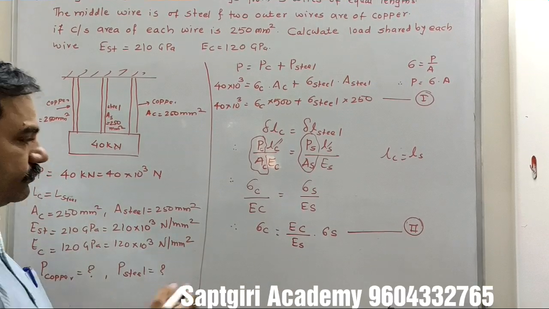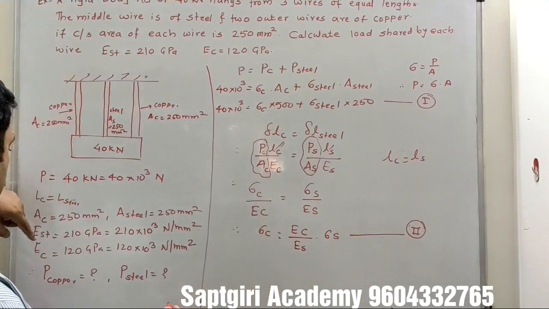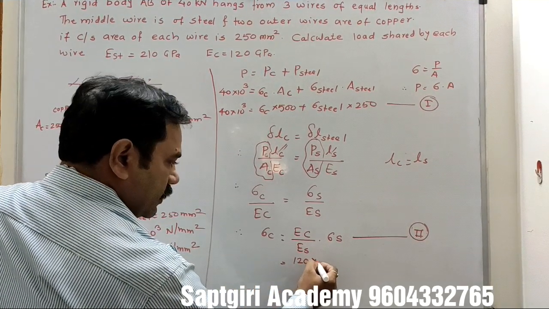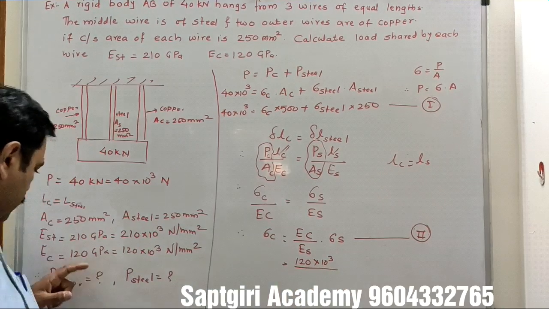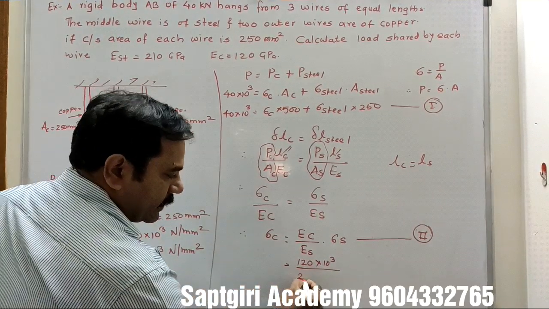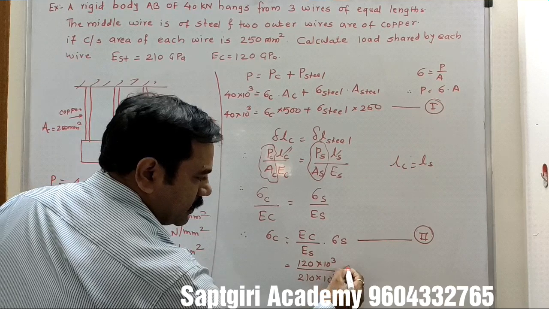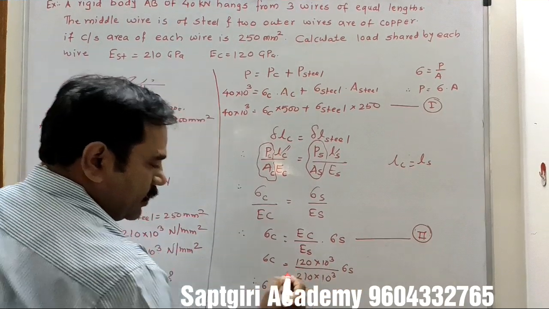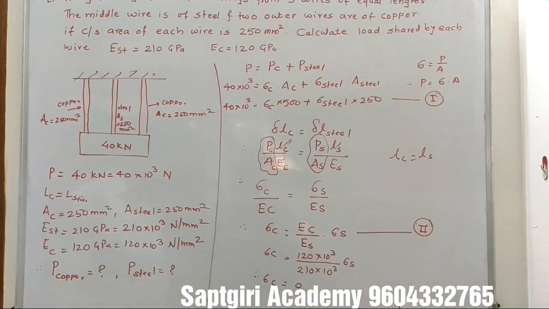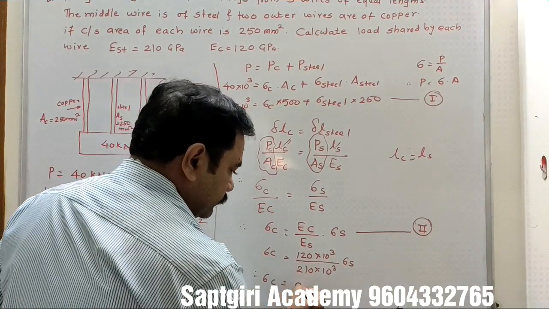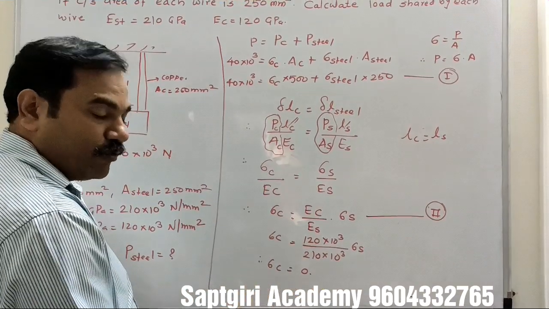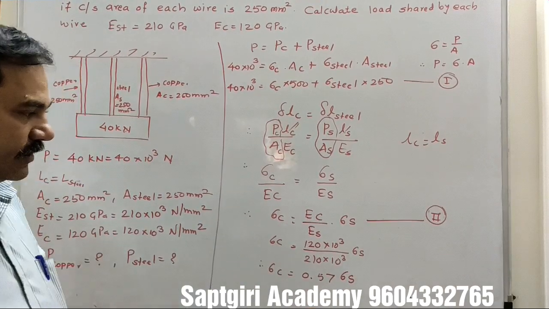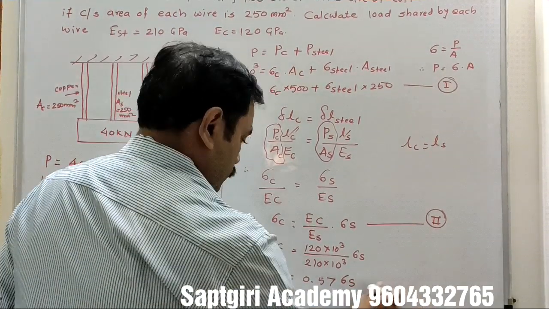Now, EC is given as 120 GPa. So 120 into 10 raised to 3 upon ES, which is 210 into 10 raised to 3, into sigma S. So we get sigma C equal to 0.57 sigma S. This is the important relation.